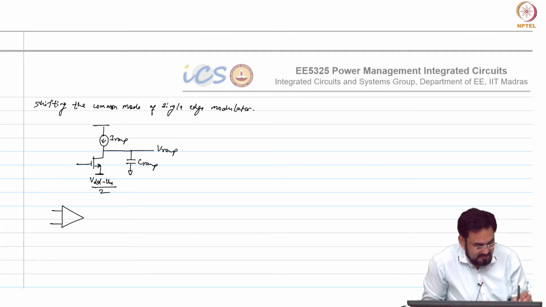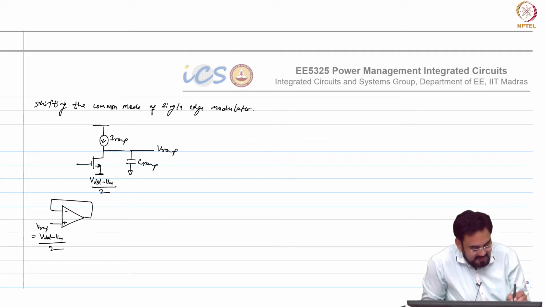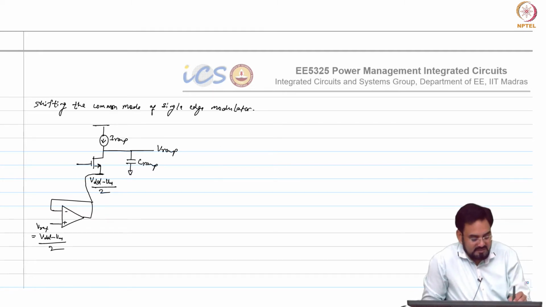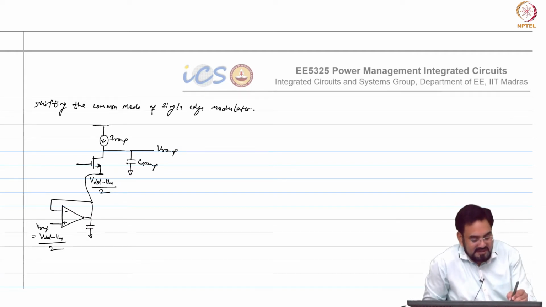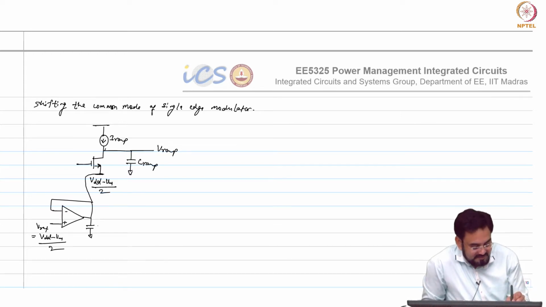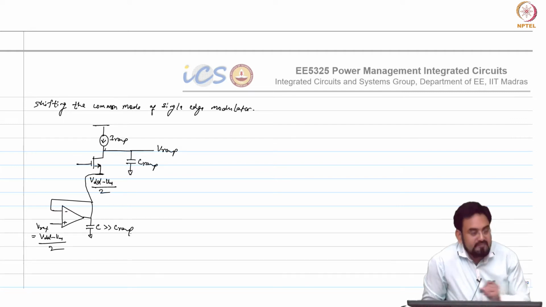So if you have Vref equal to, and this buffer will be connected to this output, but it will require a huge cap because all of a sudden you will be resetting it, which means the capacitor has to discharge. So, this capacitor should be large.